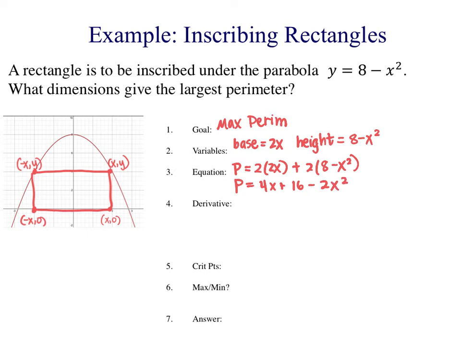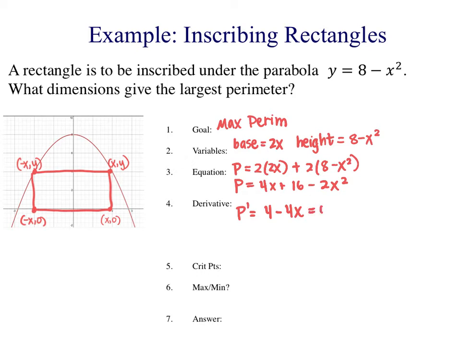So that's our perimeter. Now this might be something that you should be able to do without a calculator now that we move to the derivative as we optimize, so p prime. And the derivative of this would be 4 minus 4x. Now, I don't need a calculator to set this equal to 0. So this might be something you would do without your calculator.